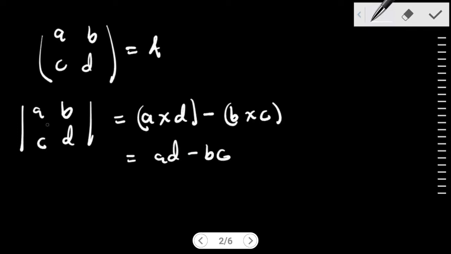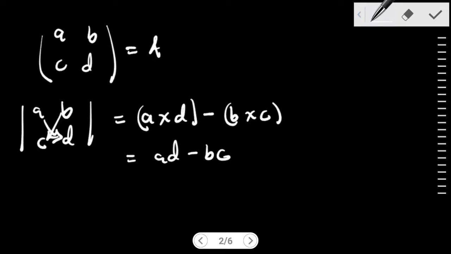You multiply A times D in this diagonal, and B times C in the other. Therefore, we are taking AD as the major diagonal and BC as the minor diagonal.